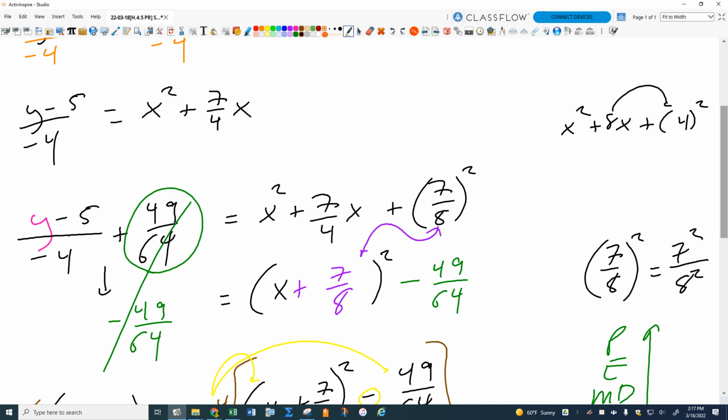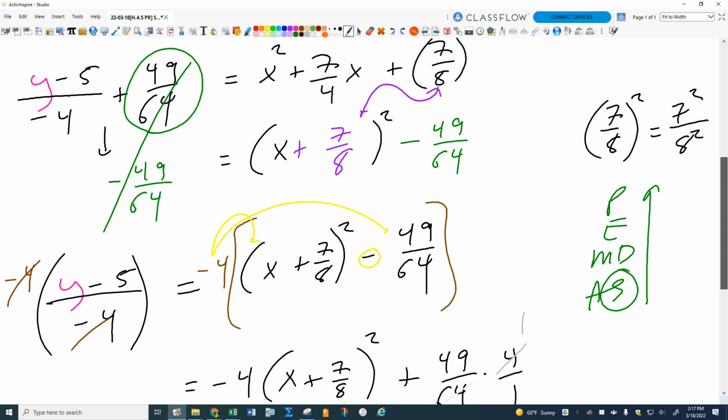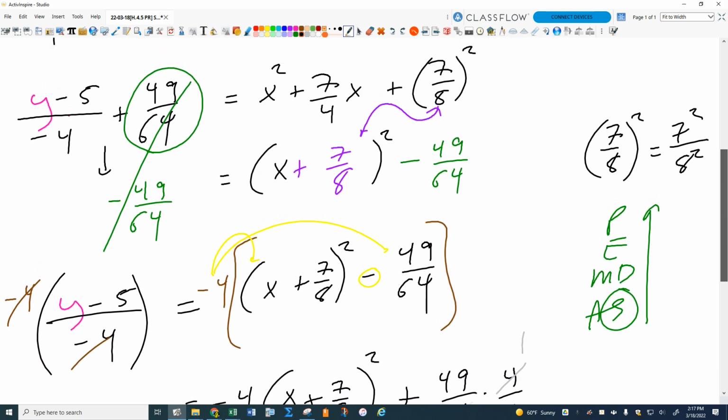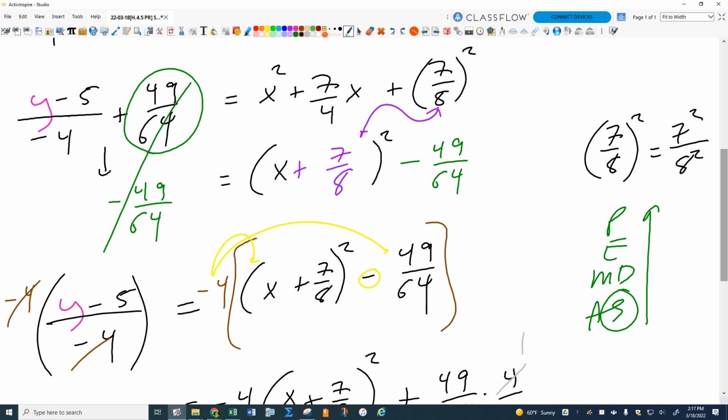And from that point, I just have to reverse everything. Then I just have to algebraically isolate that y. And notice the steps I took were exactly the reverse. The first thing we did was we subtracted 49/64 from both sides. Well, how come? Because that's the last thing we did on the right side was add 49/64, right?